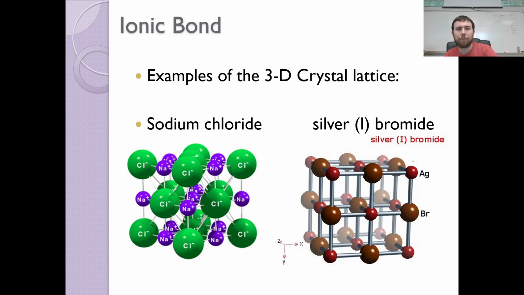As you can see, there's a defined pattern where the sodium ions are surrounded on all sides by a total of 1, 2, 3, 4, 5, 6 chloride ions. Because of that structure, it makes it very stable. And that's what they would look like in the solid state.